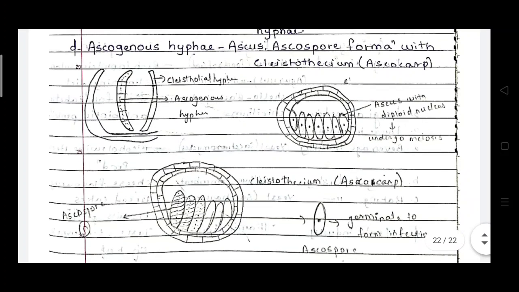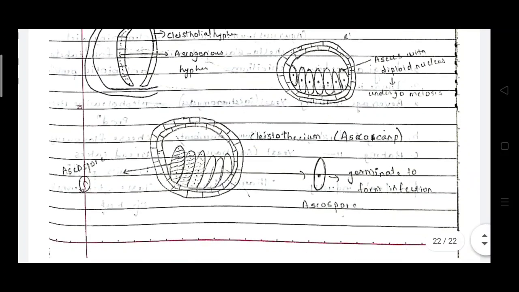After meiosis in the ascus nucleus, the ascospores are produced, again in haploid number. The cleistothecium then breaks, the ascospores are freed, and they germinate on the substratum.